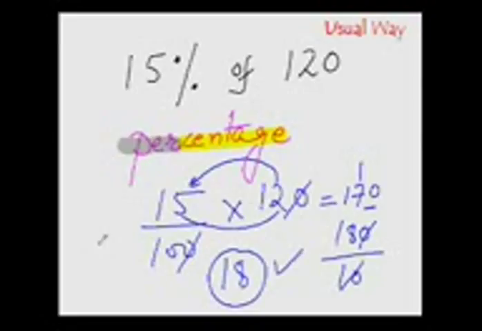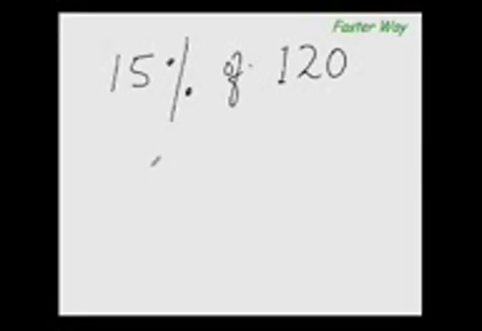15% of 120 is 18. But as you have yourself seen, despite using the shortcut technique, calculating the usual way takes little time and effort, isn't it? So now let me show you the easy way, the faster way of finding the percentages. So if you were to ask me what is 15% of 120, I'll straight away say it would be 12 plus 6, that is 18.